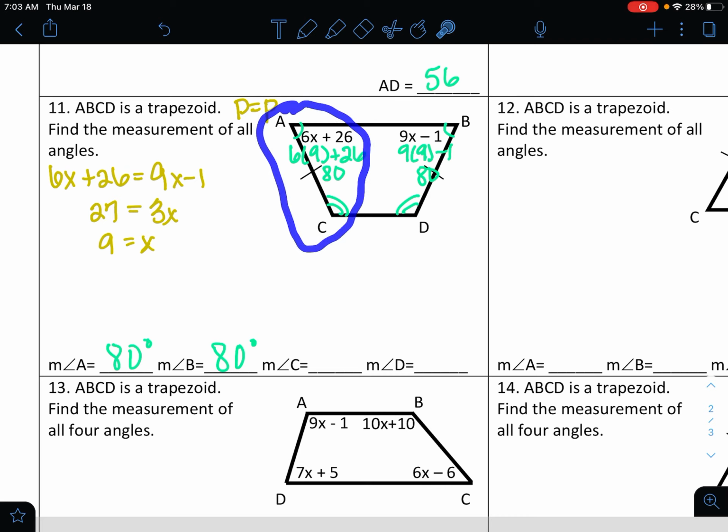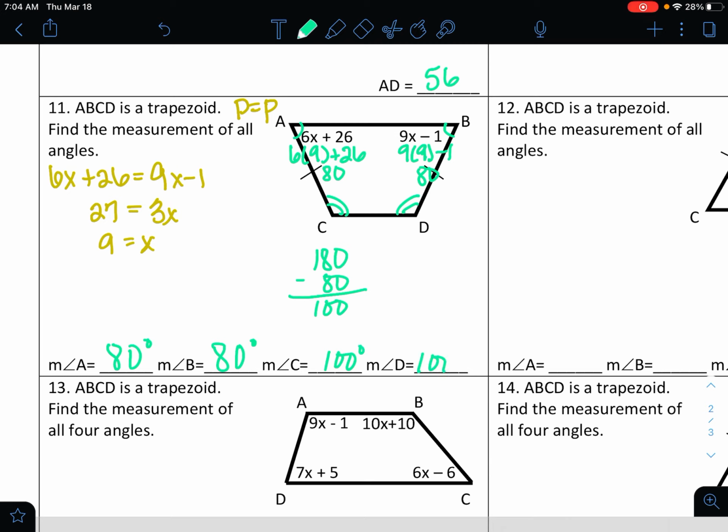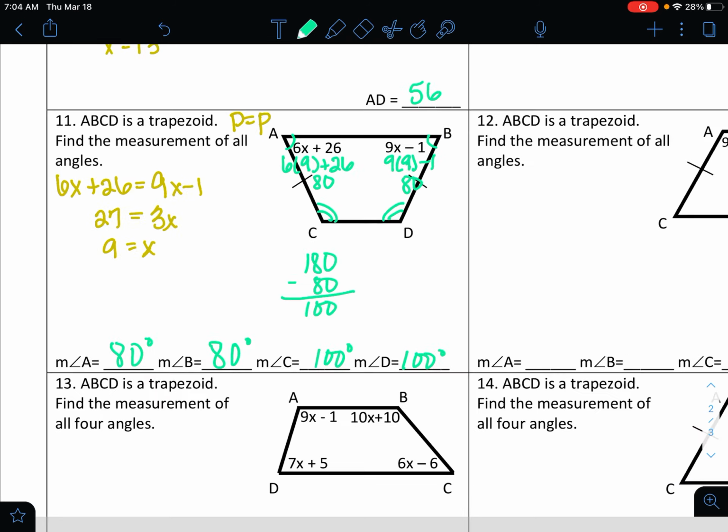If I add them up, it'll equal 180 because it's half of the trapezoid, so to speak. That's what I'm going to do. So I'm just going to do 180 minus 80, and that's 100. So angle C is 100 degrees, and angle D is 100 degrees. So you could have done it that way or with the 360.